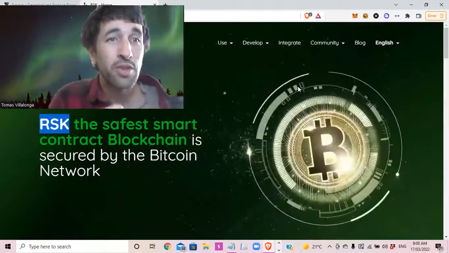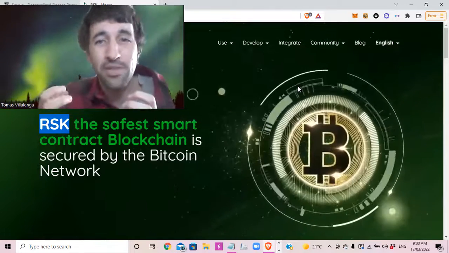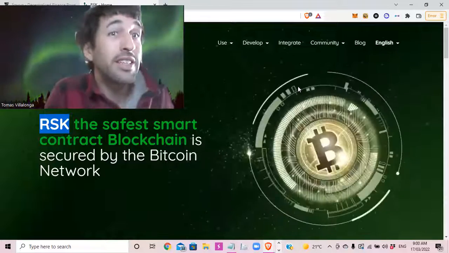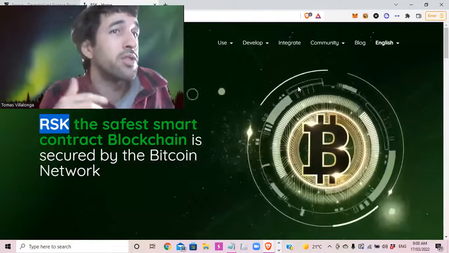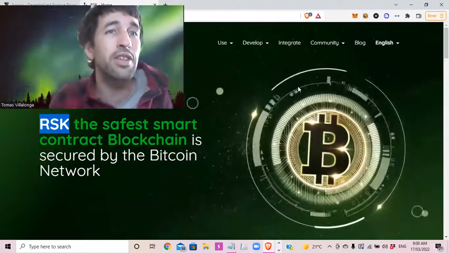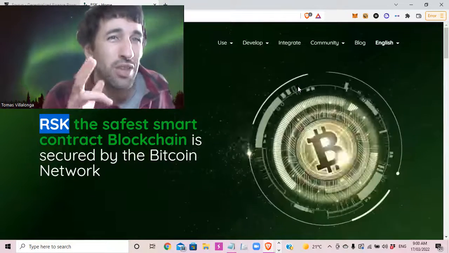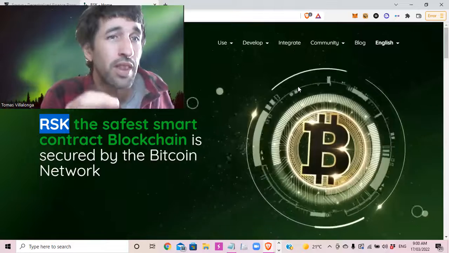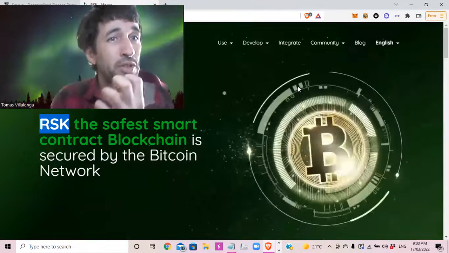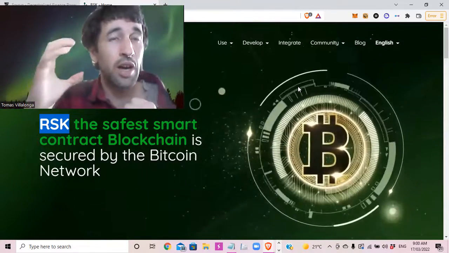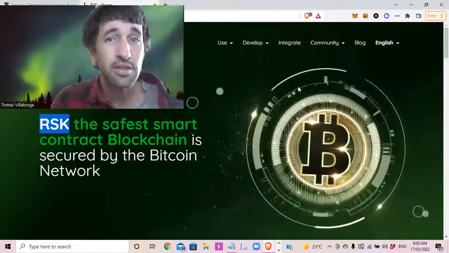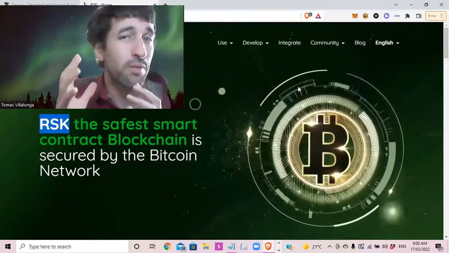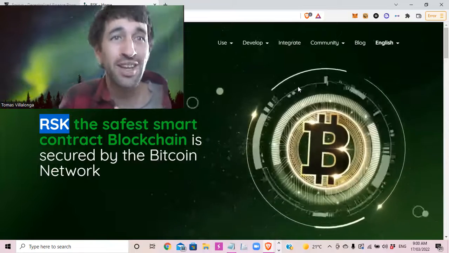So you are supporting the strengthening of the Bitcoin network if you're using RSK. It is not the same if you're using Ethereum, Solana, or all the other smart contract platforms. This is a unique aspect of the RSK blockchain, that you are making the main Bitcoin network stronger if you use RSK. That is amazing, honestly. I think people don't fully understand how important that is.